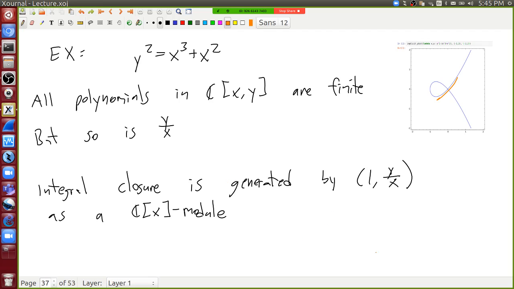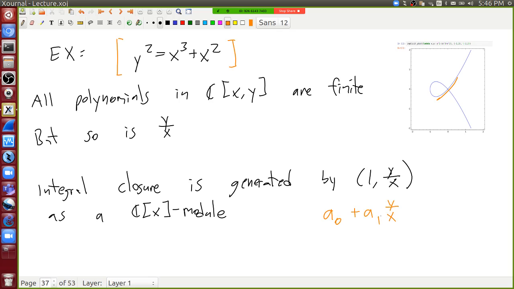In fact, I'll just state this without proof. For this particular curve, y squared equals x cubed plus x squared, the integral closure is generated by 1 and y over x as a module over the polynomial ring. So everything in the integral closure, the normalization of the curve, is going to be some polynomial in x plus some other polynomial in x times y over x.